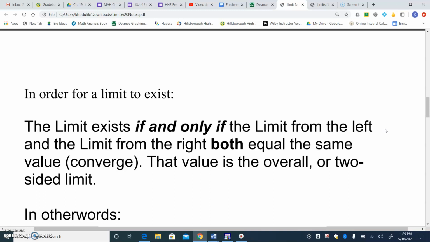So because the left side of 2 was approaching a value of 4 and the right side of 2 was approaching a value of 4, the limit was 4 because both of those agreed with one another as a value. Okay? The overall value is sometimes called a two-sided limit. If we're only talking about left side or right side behavior, that's a one-sided limit.